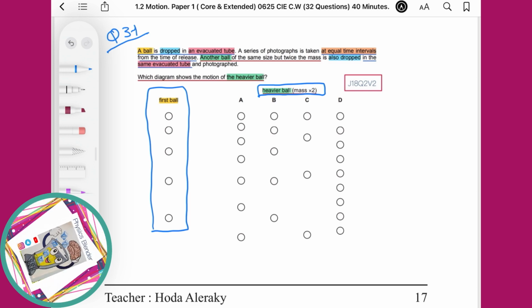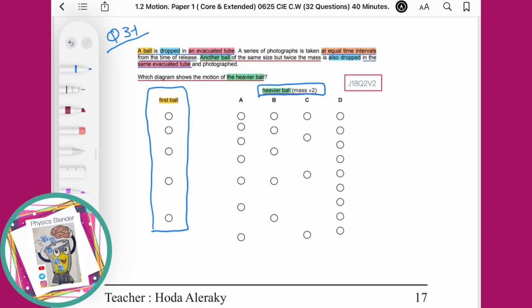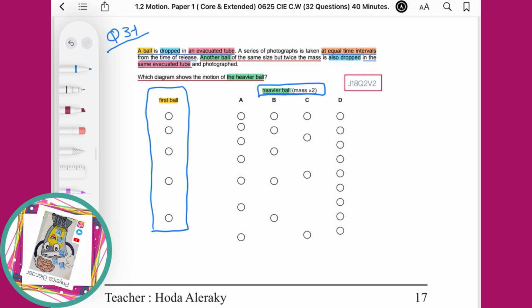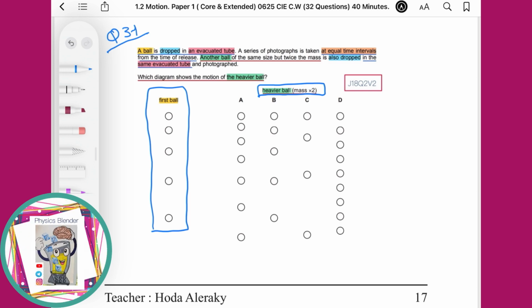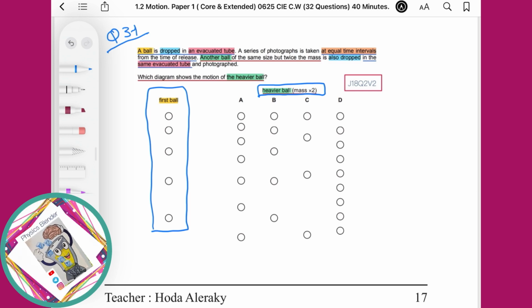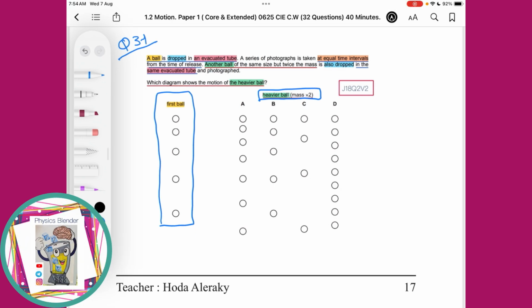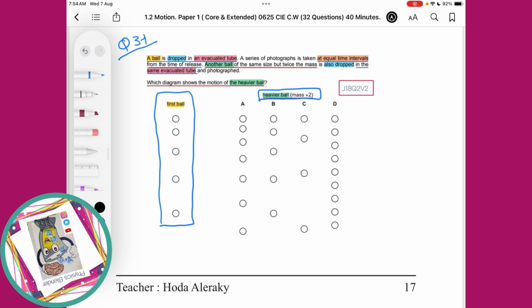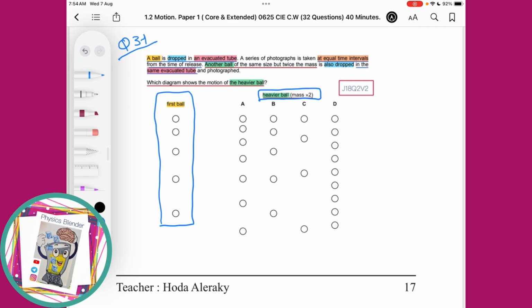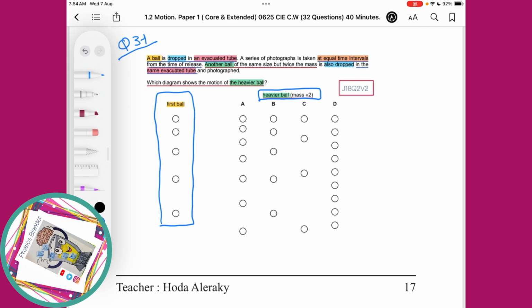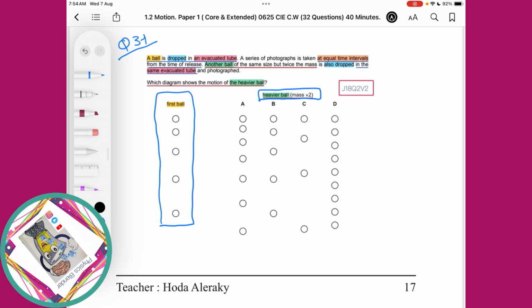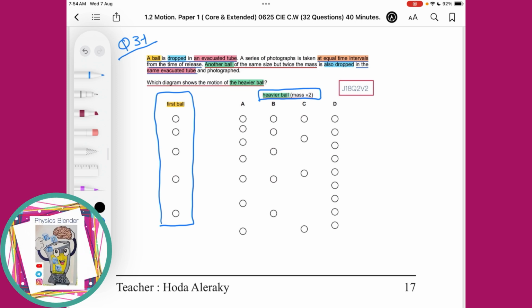Since air resistance is ignored, the volume and the mass are not affecting the motion or the acceleration of free fall of the object. You compare which pattern or series of photographs is taken. We will choose the diagram showing the same motion as the first ball, which is B.